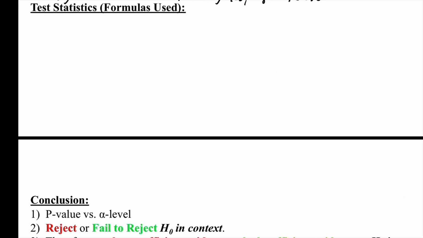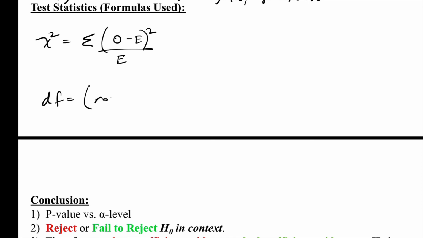Formulas used. First of all, we use chi-square, which is observed minus expected squared over expected. Degrees of freedom. How do you calculate degrees of freedom for a two-way table? This is what you do. You do row minus 1 times column minus 1. So whatever the rows are, minus 1.